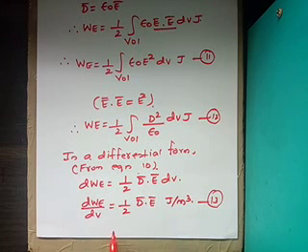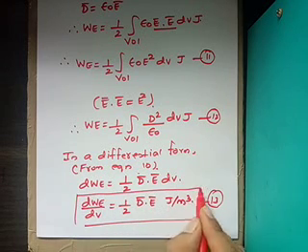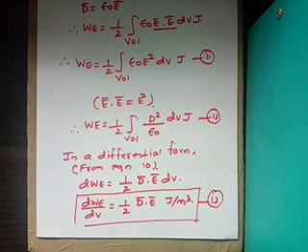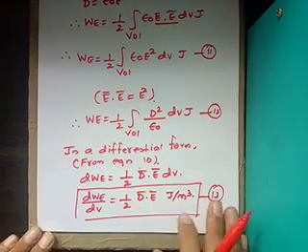This is called the energy density in the electric field. This particular equation is called the energy density in the electrostatic field, with units joule per meter cube. If I integrate this term, then I get the final equation.